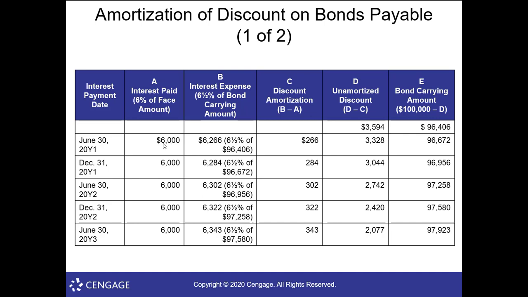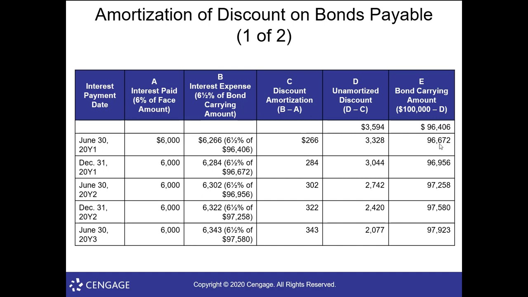Subtract the $6,000 from that, you get an excess of $266. Add that to the $96,406, because now you owe them an additional $266, because the bond holders wanted this 13% yield. They wanted $6,266. You only gave them $6,000. So add that to what you owe them.